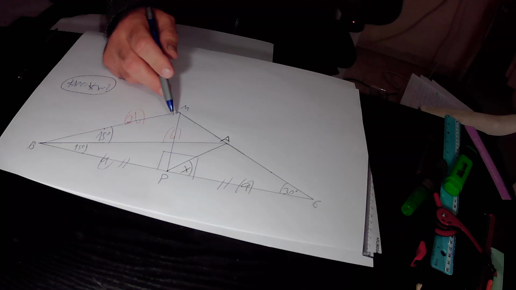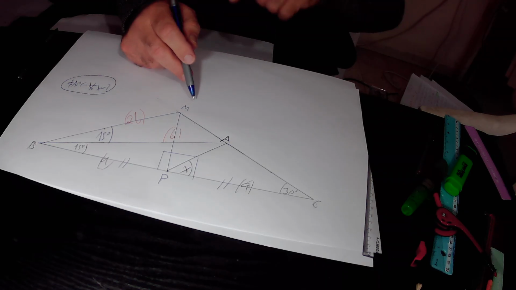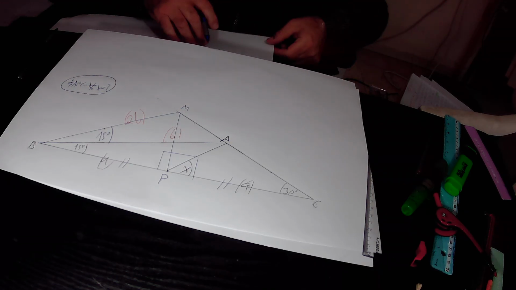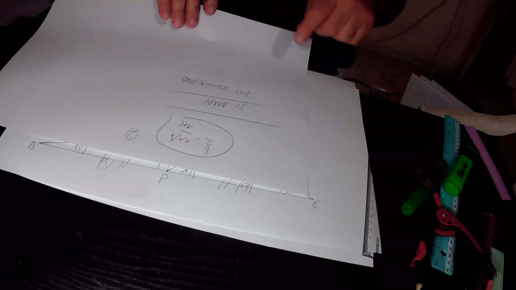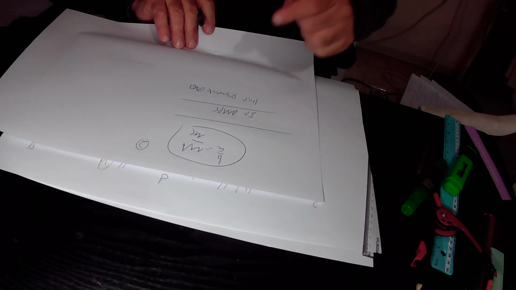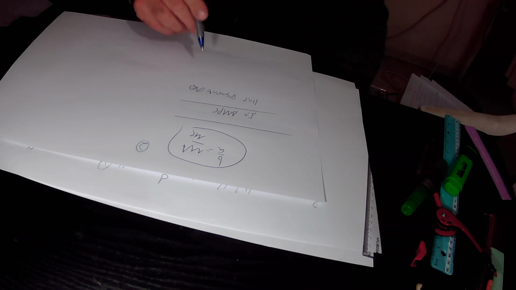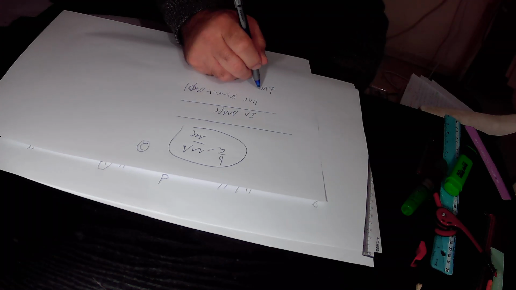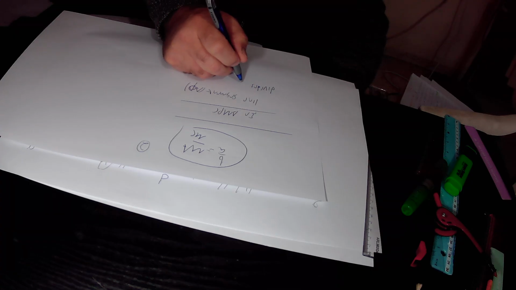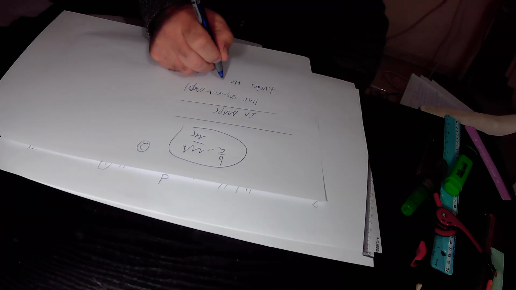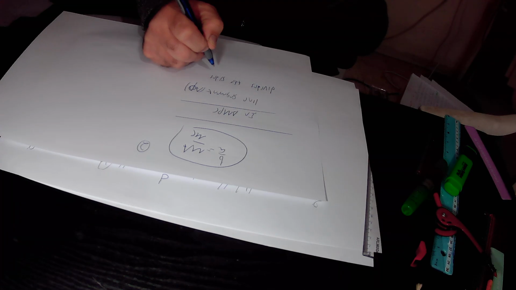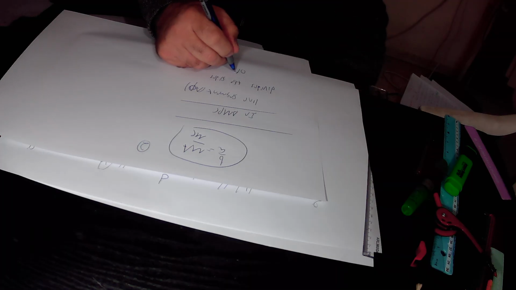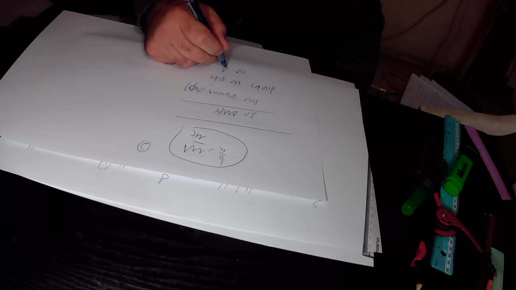That is to say, B over A equals MA over AC. So we know that B over A equals MA over MC. So line segment AP divides the sides of the right triangle MPC proportionally.